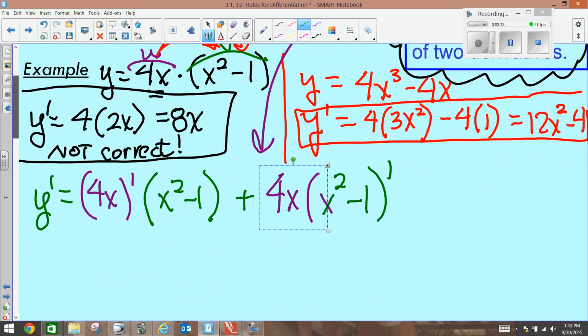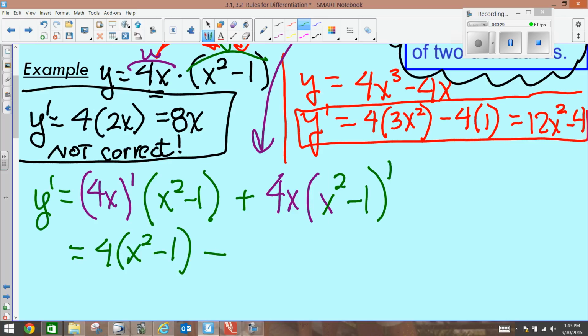Okay, I know what you're thinking. You're thinking, well, why would I do that when I can just do that? But that's okay. Just bear with me here. Okay, so here we go. 4x, derivative of 4x is 4. X squared minus 1 isn't derived, so we'll just leave it alone. Plus 4x, leave it alone, times the derivative of the second, 2x. Okay, simplify.